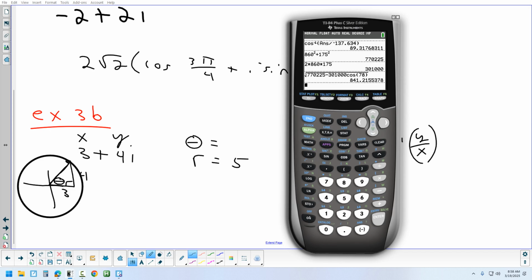I'll do it in degrees. So inverse tangent of y is 4, x is 3. So we're going to get an angle of 36.87.